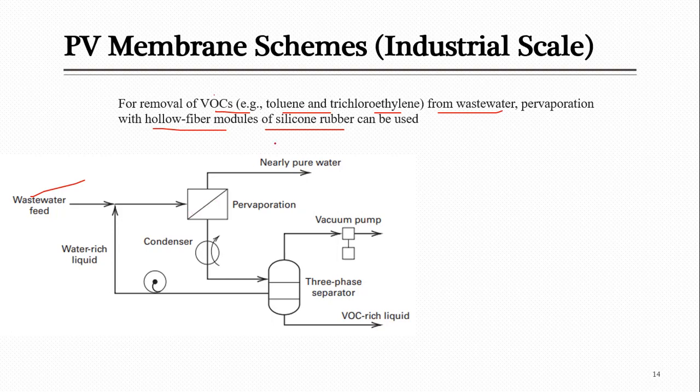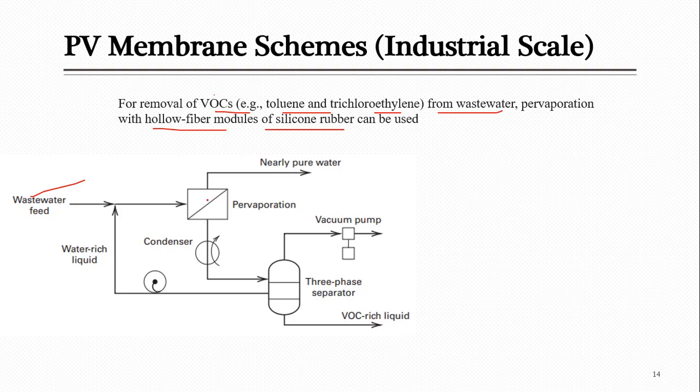Through this silicon rubber membrane, the volatile organic chemicals pass through and diffuse, or permeate, to the other side of the membrane. This separation takes place when they permeate in the form of vapor. You condense them, because this membrane again will not give 100% only organic chemical permeate.